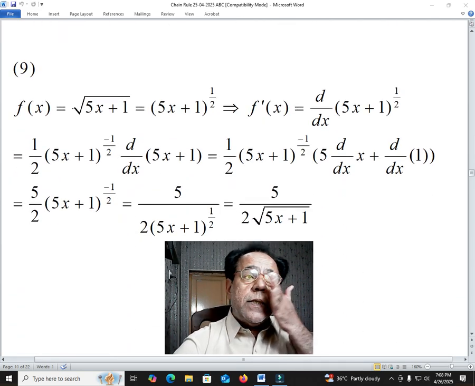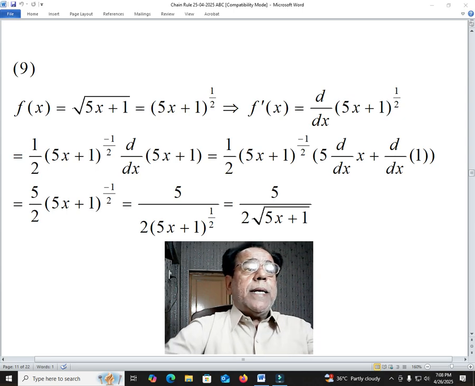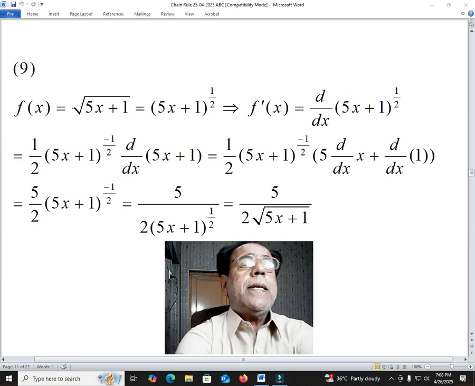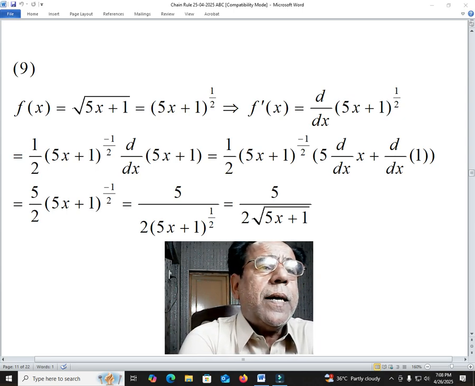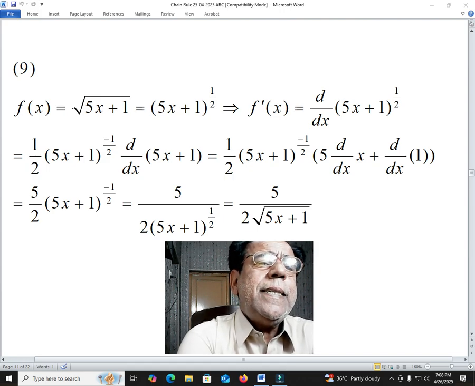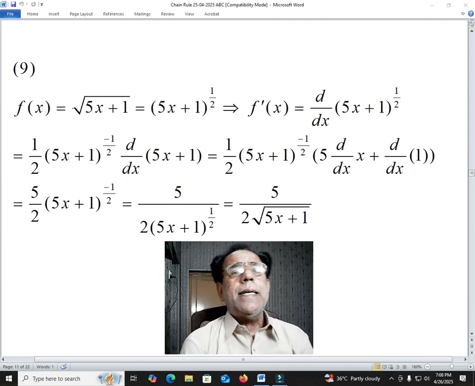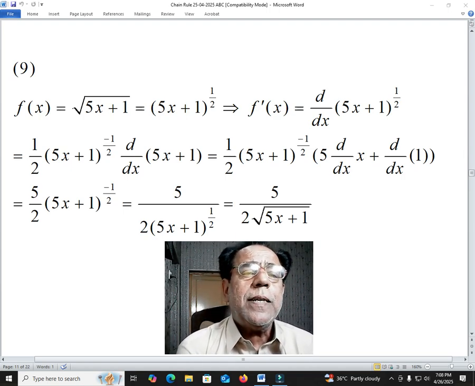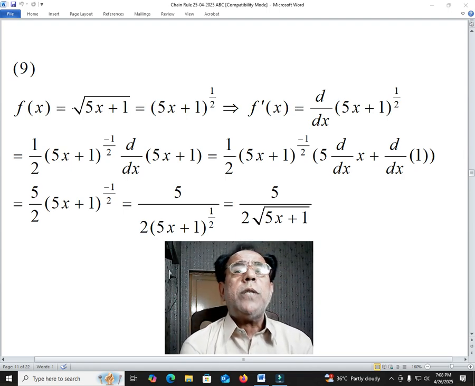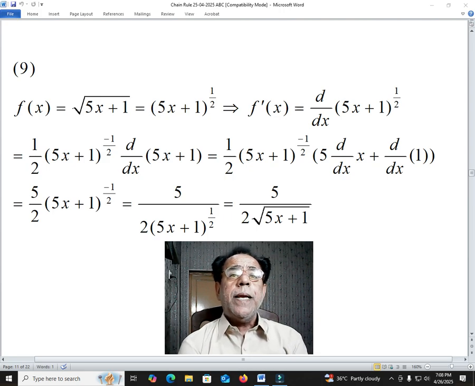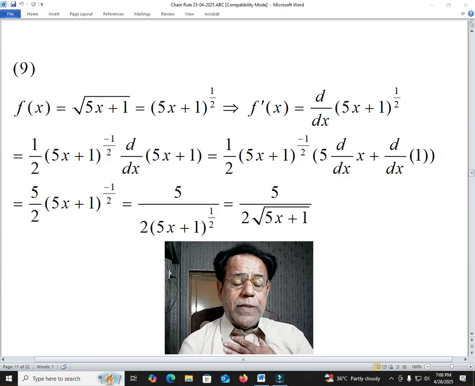Now we come toward problem number 9. f(x) is equal to this. Here, dear students, square root or under root sign is equal to power 1 by 2. So alternatively we can write it as (5x + 1) raised to power 1 by 2 here, because we are going to apply chain rule combined with power rule.